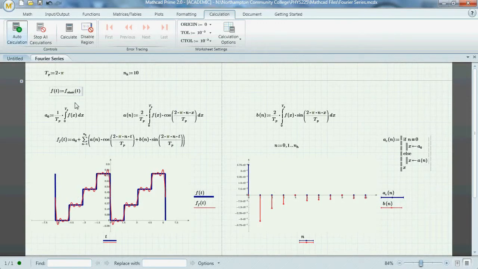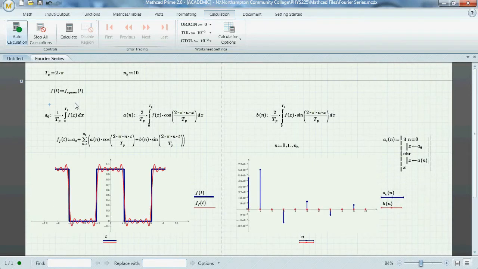Now another one that is very common is the square wave. And in this case, all of the sine coefficients are 0, and the cosine coefficients, some are positive, some are negative, but they're getting smaller and smaller as you continue down the graph. And you can see the Gibbs effect even more here in these points where there's the discontinuity.